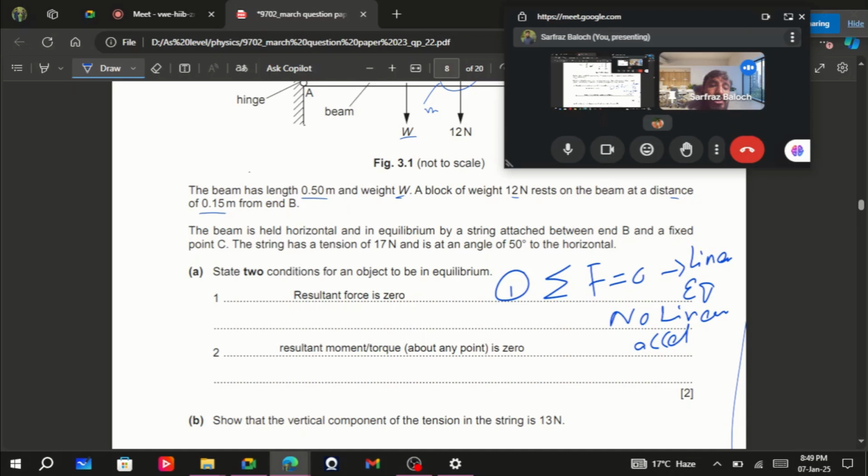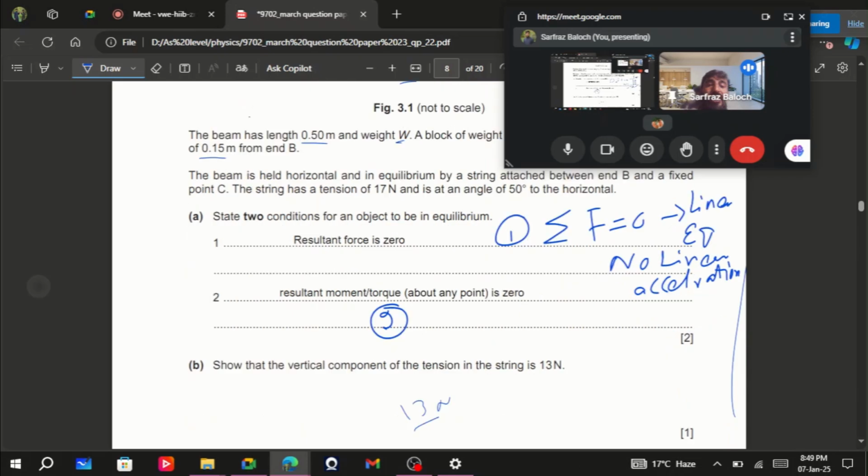And the second condition is no resultant moment. Let me call it torque or resultant moment, and it should be zero, and it is related to rotational motion.